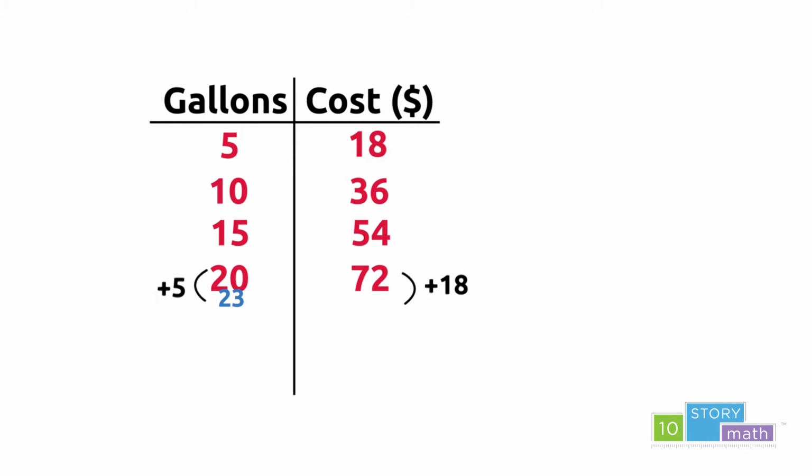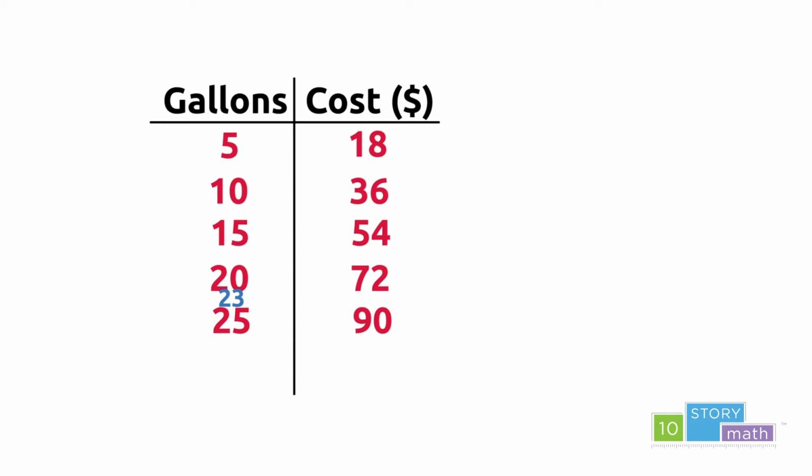And 25 gallons will cost $90. From this setup of the table, we can see that 23 gallons is somewhere between 20 and 25 gallons, so the cost will be somewhere between $72 and $90. But we are not able to find the exact price.